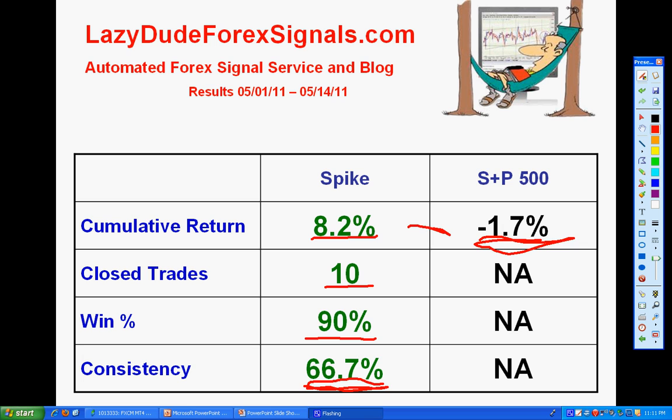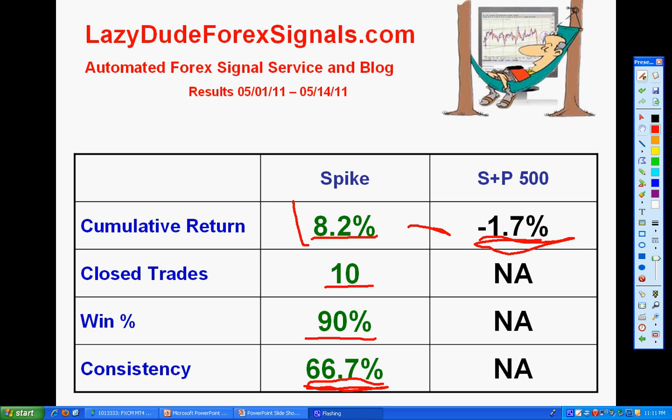Since I alter our share size based on where the stop is, so that we never risk more than 2% or more than 3% of our account, the algorithm that the signal provider uses counts that as volatility within our strategy, so we get knocked down. It's still a really good consistency score, but it's not as high as I think it should be.